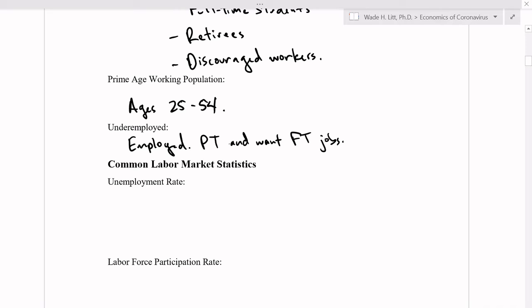The unemployment rate equals the number of people unemployed divided by the labor force.